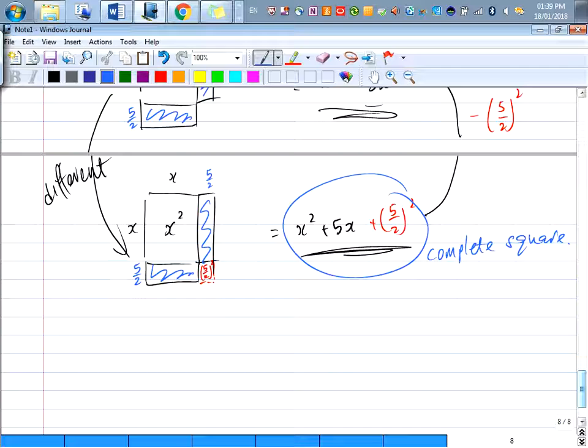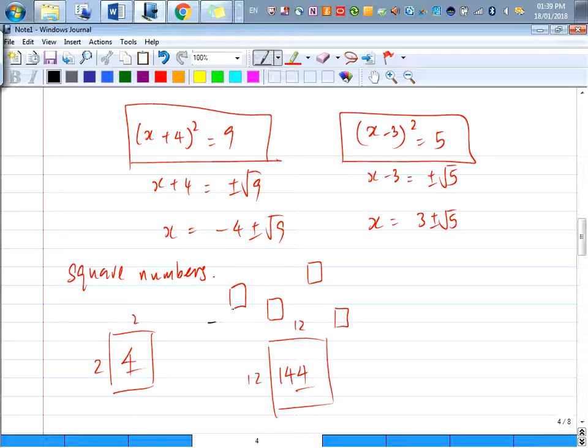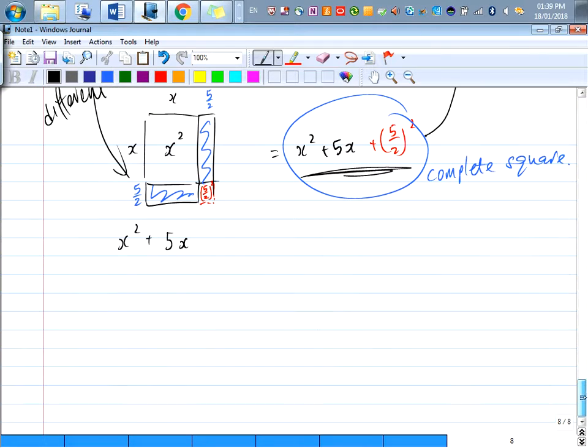In summary, x squared plus 5x, then I add 5 over 2 squared, I remove it again. I will get my original expression, x squared plus 5x. Okay?